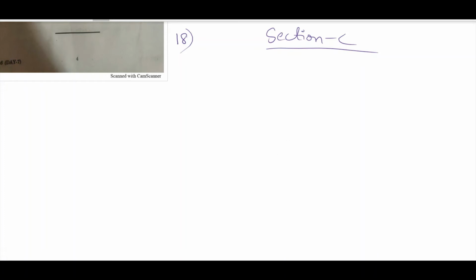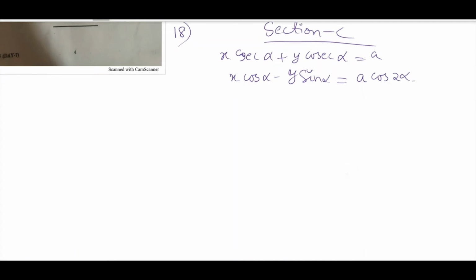So the given straight lines are x secant alpha plus y cosecant alpha equals a, and the other line is x cos alpha minus y sin alpha equals a cos 2 alpha. So these are the given equations.